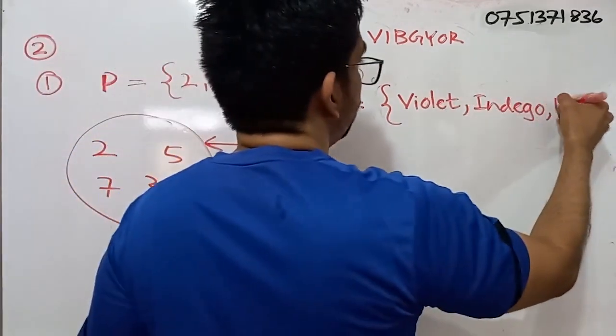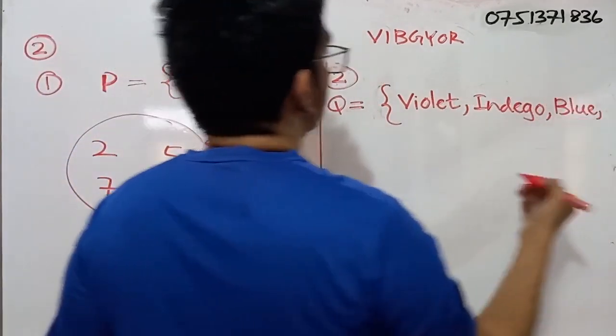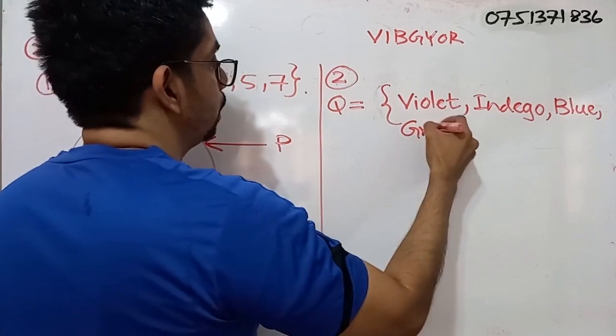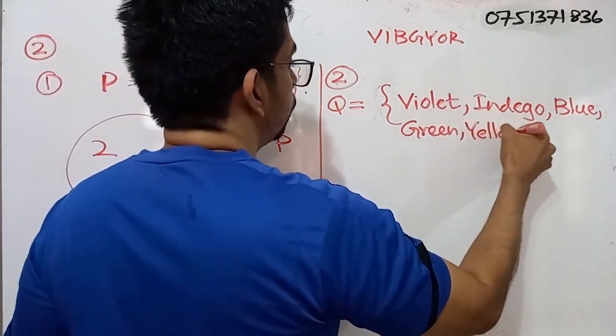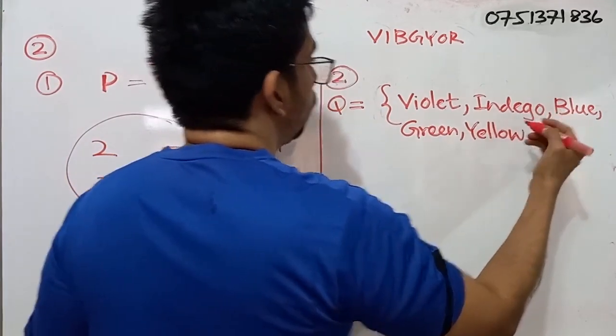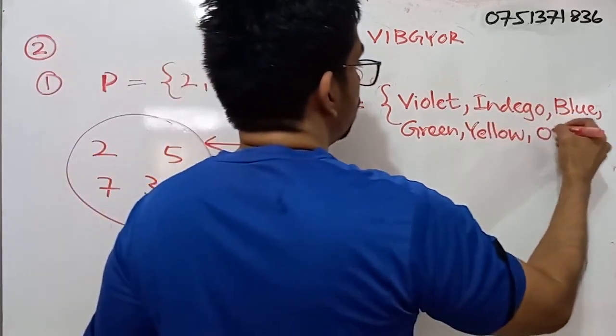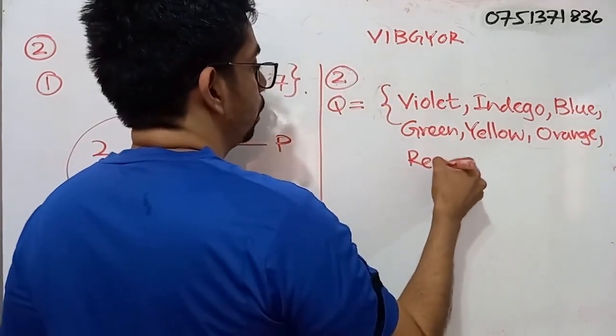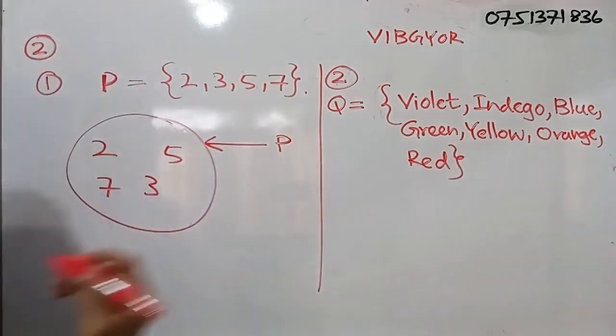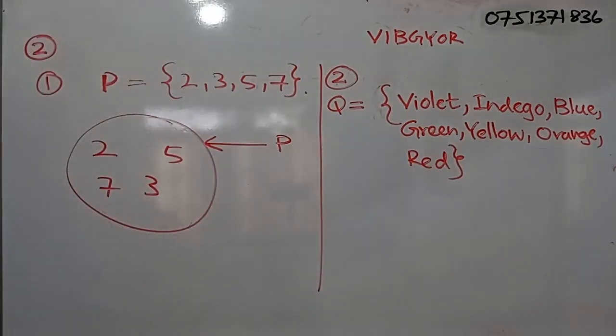B stands for blue, G stands for green, Y stands for yellow, O for orange, R for red. So those are the colors of the rainbow. How many colors are there? 7 colors are there. Right?